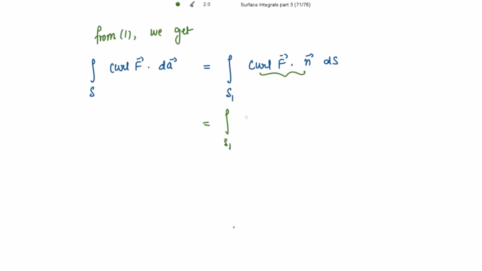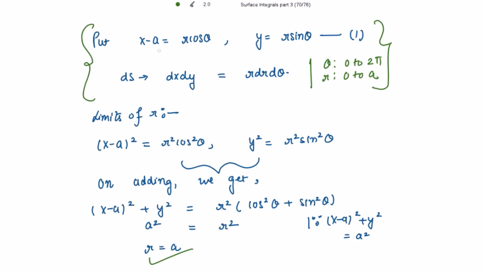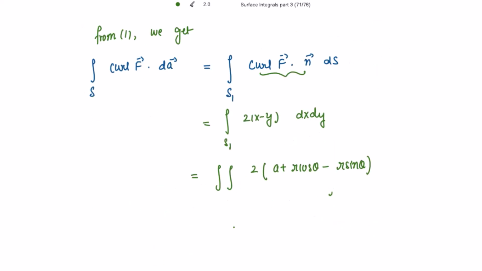This we have found to be twice of x minus y. ds becomes dx dy, and this is equal to double integration of twice of, putting x equal to a plus r cos theta, this is a plus r cos theta, minus y is r sin theta. dx dy is r dr d theta.